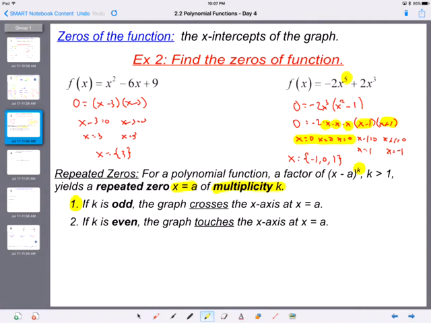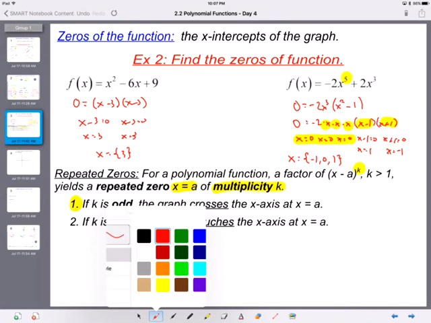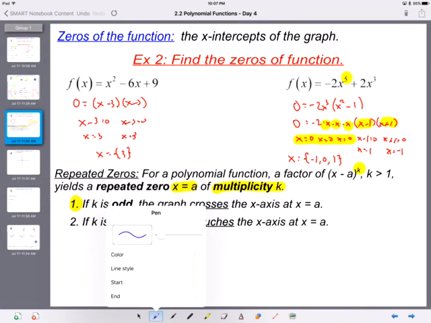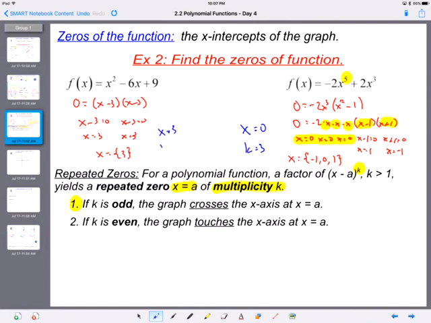if k is odd, so back up here just to show you, on this one, for x equals 0, k was equal to 3. It happened 3 times. This one over here, for x equals 3, k was equal to 2. It happened 2 times. And so if k is odd, the graph crosses the x-axis at x equals a.